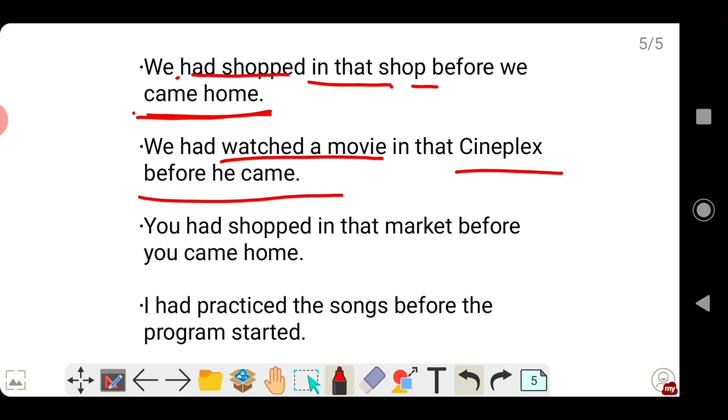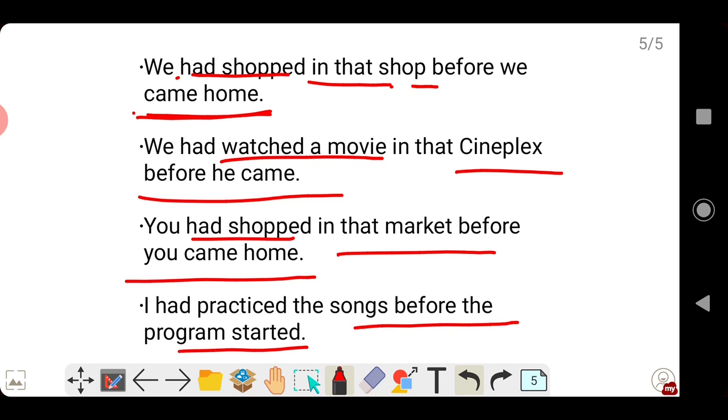You had shopped in that market before you came home. I had practiced the songs before the program started. प्रोग्राम स्टार्ट होने से पहले ही मैंने प्रैक्टिस कर ली थी सॉन्ग की. I had practiced the songs before the program started.